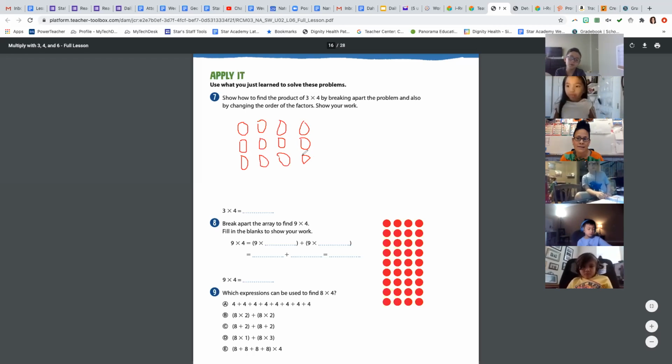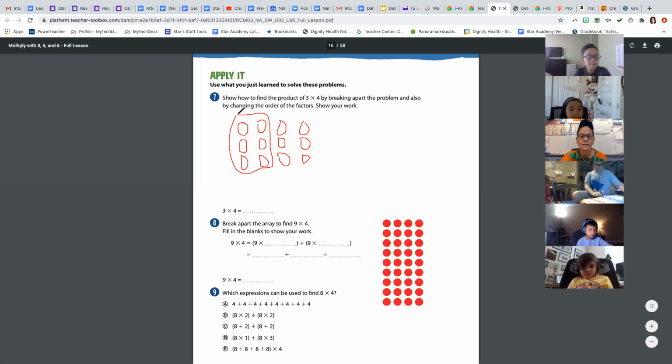But it's also asking us to use the break apart strategy. And of course, that learning target, we are breaking apart our 4 today. So in doing that, I would be breaking apart those columns, because it is the columns that are represented by that 4.